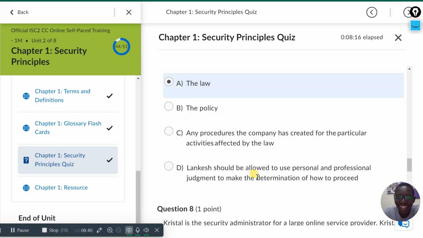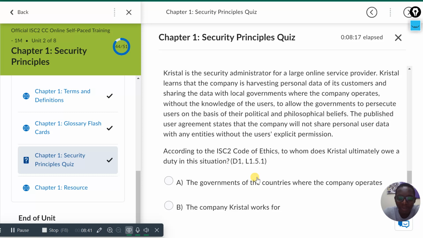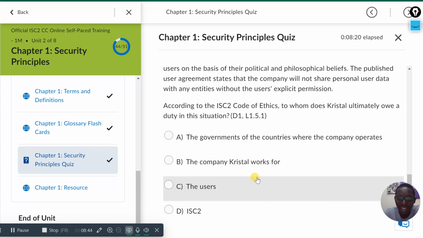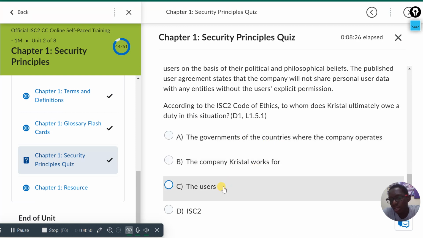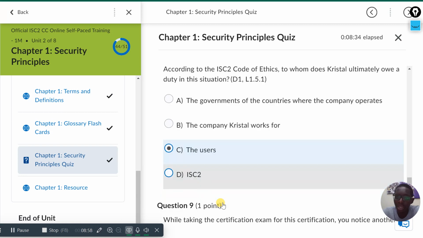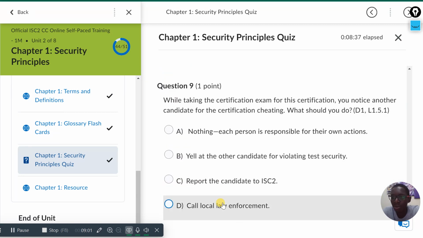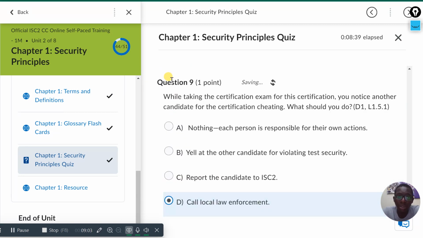All right, there we go. So whom does he owe a duty in this situation? Not the government, not the company. The first duty is to the users; the last duty is to ISC2, right? So please don't make that mistake. Users are very important, no matter where you get them.